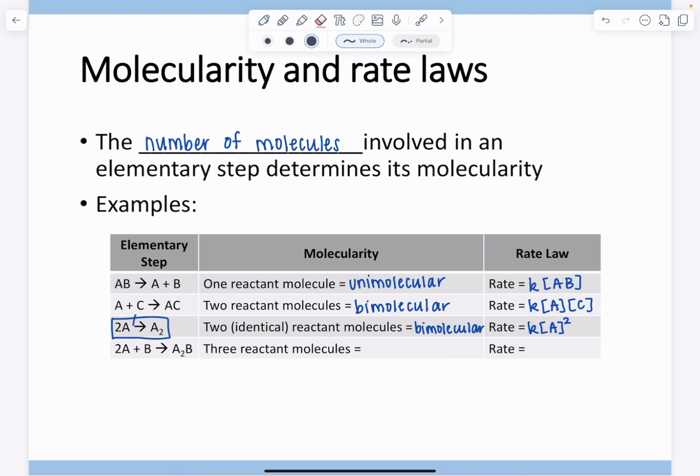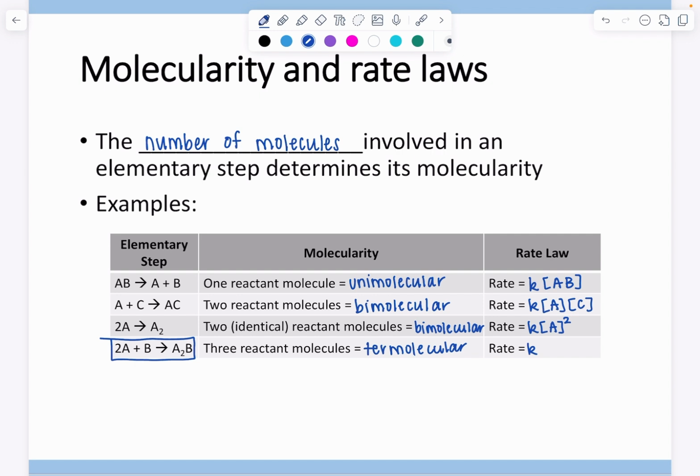Then lastly, the elementary step has three reactant molecules. That is a termolecular reaction. This is pretty rare, but we can still write our rate law: K times the concentration of A squared times the concentration of B.